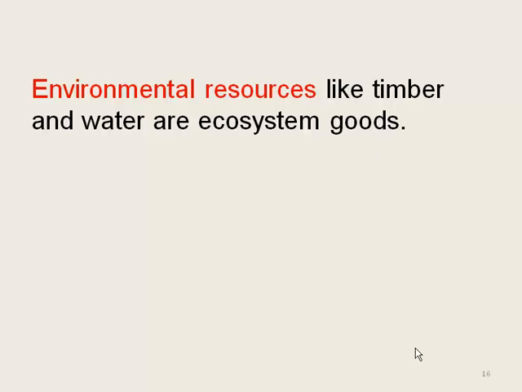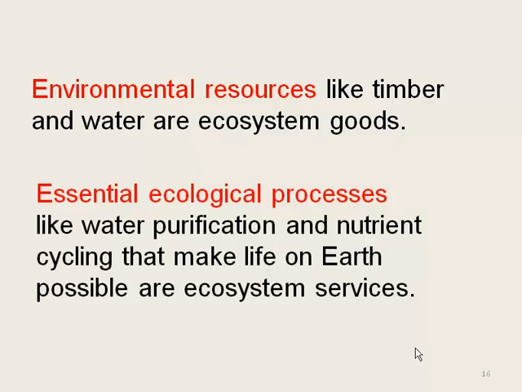We value them directly and typically they're fairly well recognized. There are also ecological processes that constitute ecosystem services. Some examples are the purification of water, nutrient cycling, elemental cycling that makes life possible on this planet.